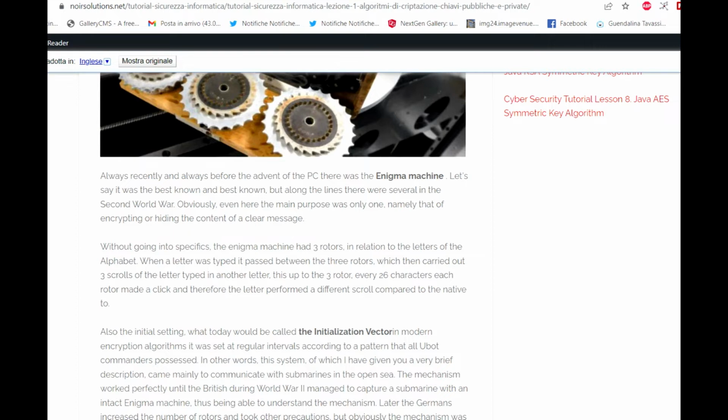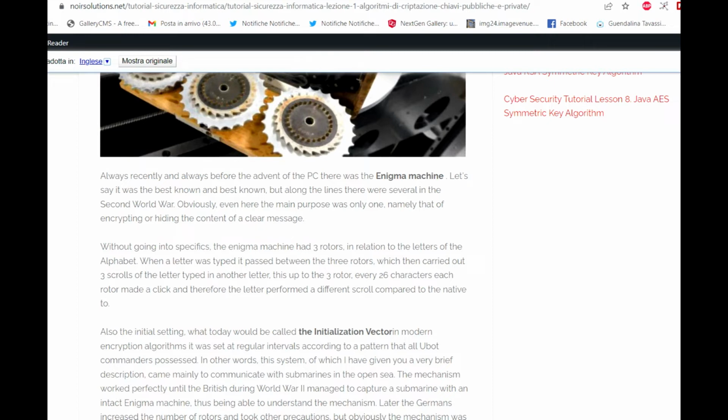Also, the initial setting, what today could be called the initialization vector of a modern encryption algorithm, was set at a regular interval according to a pattern that every U-boat commander possessed.